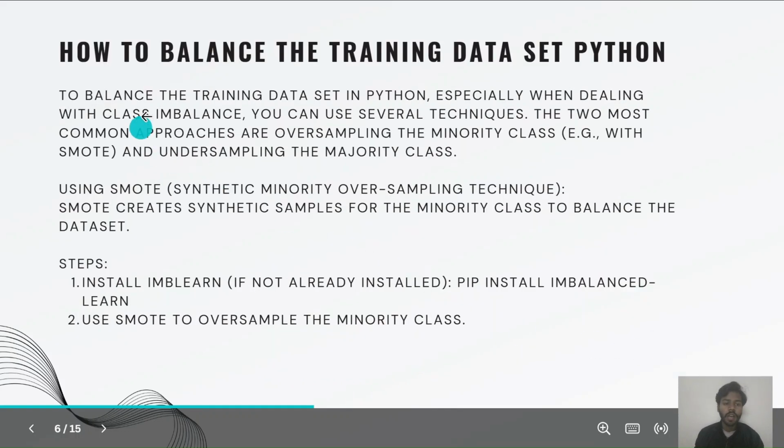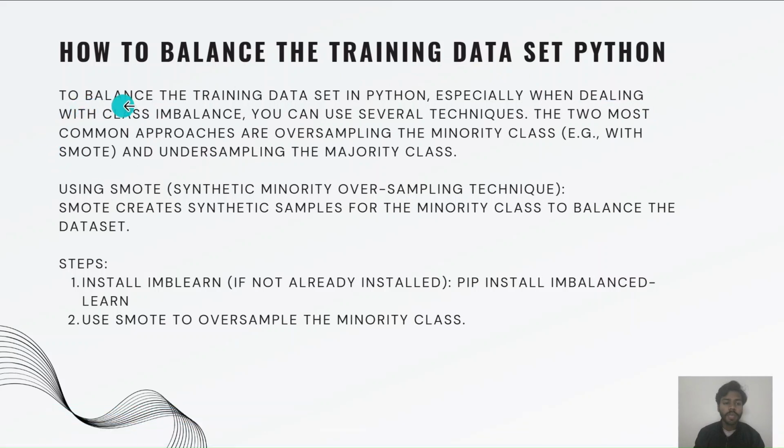Now we discuss how to balance the training data set in Python. To balance the training data set in Python, especially when dealing with class imbalance, you can use several techniques. The two most common approaches are oversampling the minority class and undersampling the majority class, right?